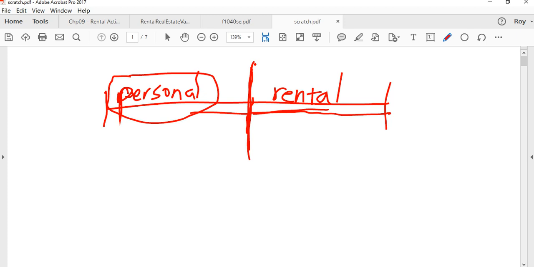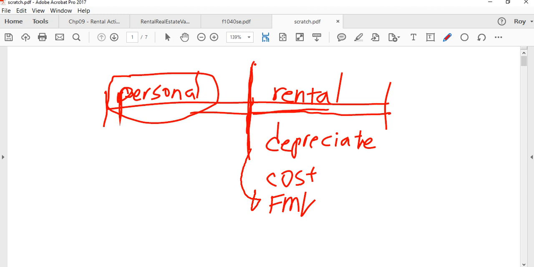Of course, one of the big rental expenses is depreciation. So the amount of costs you're going to take into account to depreciate is either going to be the original costs allocated to the improvements to the structure. Remember, we don't depreciate land, but you're going to compare that cost, the depreciable costs, to the fair market value at the time you make this conversion.